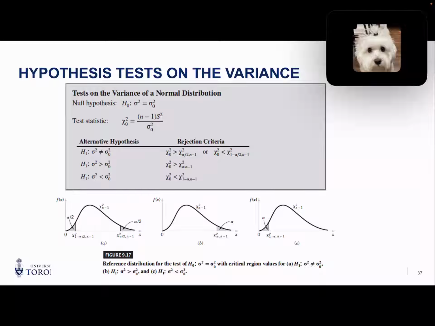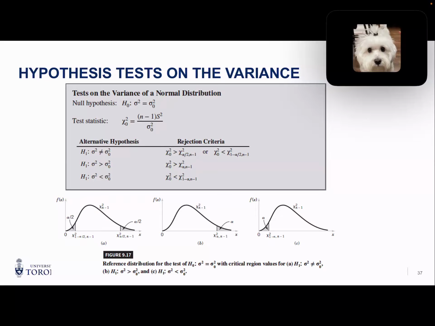The only difference is if we don't know the population variance and we want to, we use the chi-squared distribution. Our null hypothesis is the same as it's ever going to be, that it equals some value. Our test statistic is the chi-squared statistic, which is degrees of freedom times the sample variance divided by sigma naught squared, which is our null hypothesis.